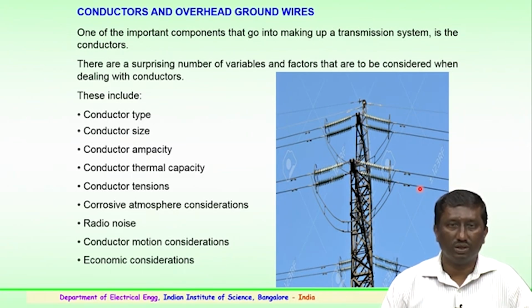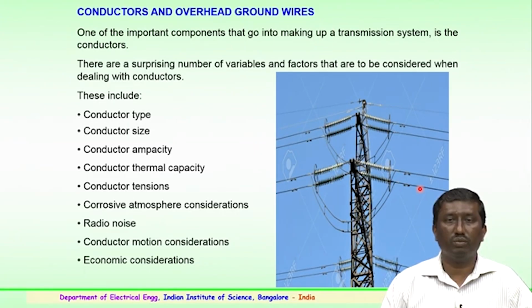Then the conductor should not give interference or discharges, which create unwanted signals in radio or television. That is, radio noise or radio interference values increase because of conductor discharges, that is corona or radio interference noise. Then the conductor motion consideration, mainly in areas where there is wind and such conditions, the motion of the conductor has to be considered.